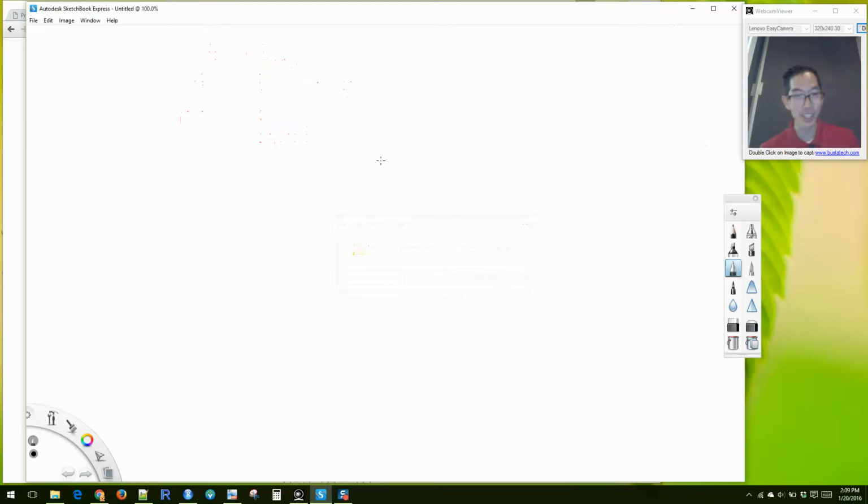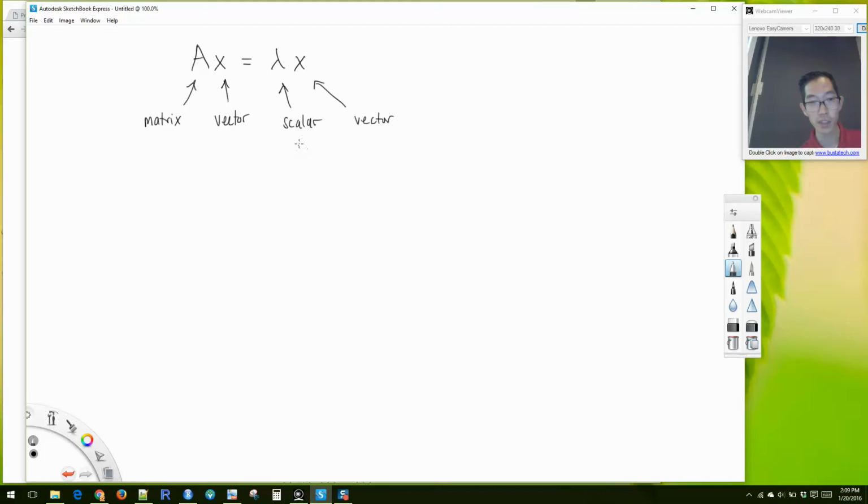We have Ax equals lambda x, where A is a matrix, x is a vector, and over here we get a scalar, and this is still the same vector. If we can do this, lambda is called an eigenvalue, and x is called an eigenvector.